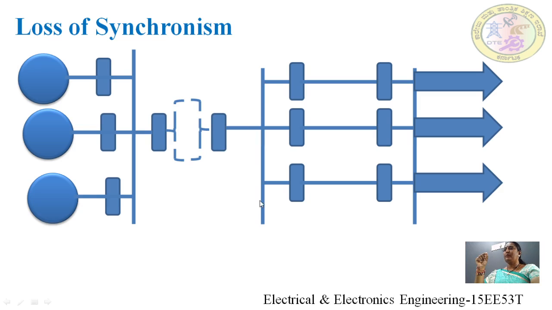This is a bus bar, and this is a circuit breaker, and these are the transmission lines. And there is another end, there is a circuit breaker, and this bus bar is connected to the load. This is a power system network wherein all of them are in synchronism. Let us see under what condition they lose their synchronism.